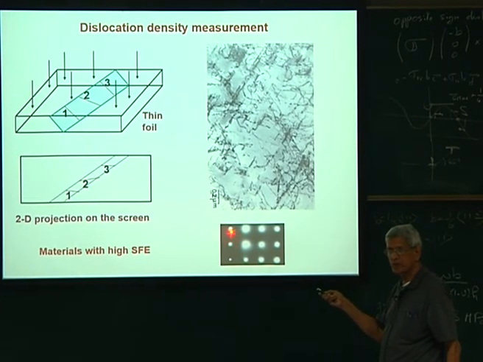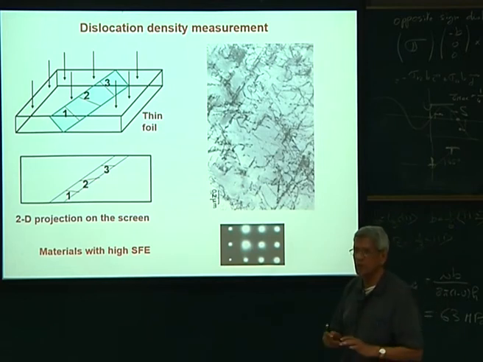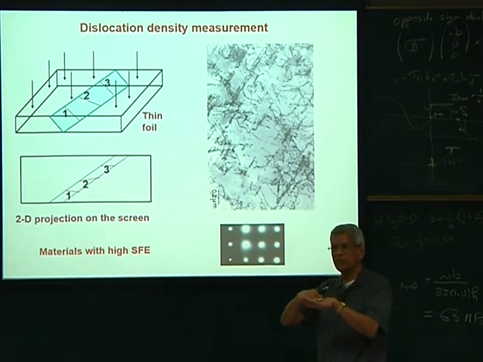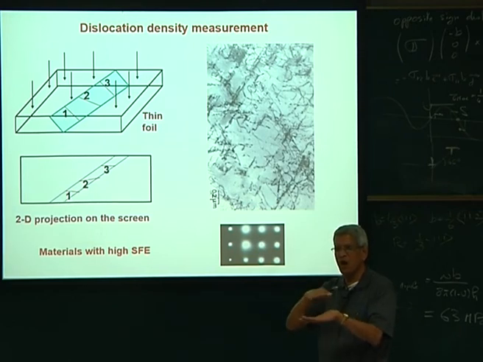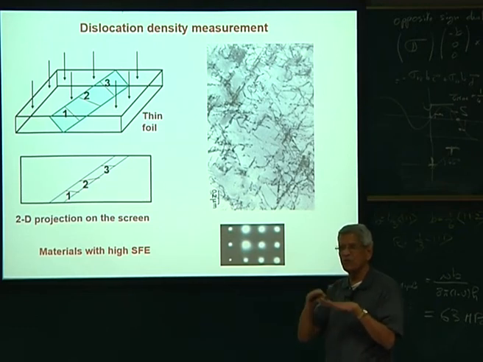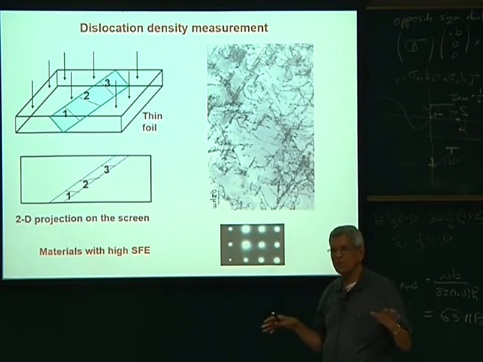Since the 2-beam condition may be satisfied for one, but the other spot is also equally strong, it is equivalent to simultaneously taking all the 2-beam conditions and projecting them one on top of the other. So, all dislocations will now be visible. Okay. So, if we take it under that condition, the total dislocation density, at least without making any assumptions, we can calculate.